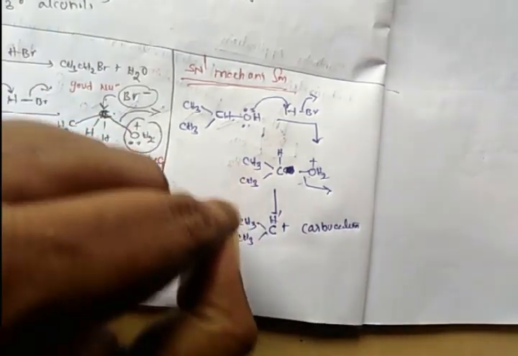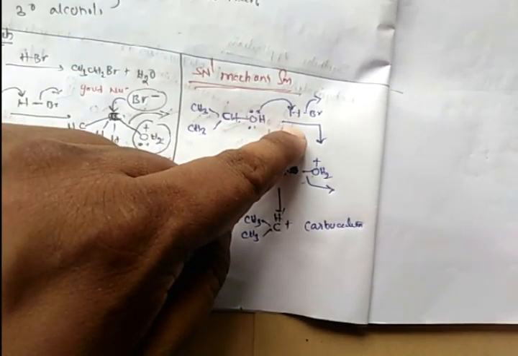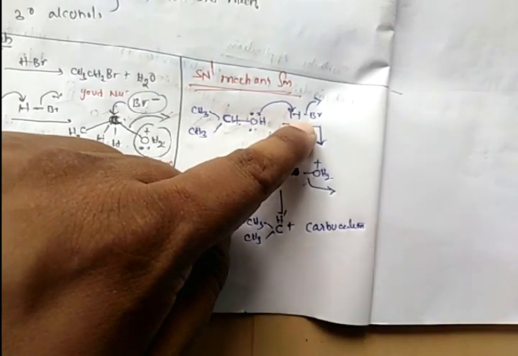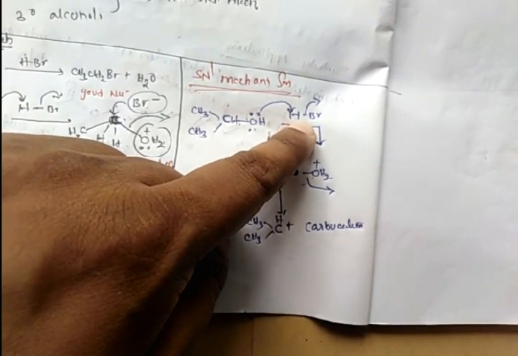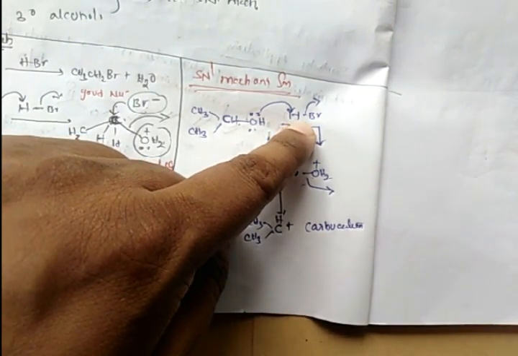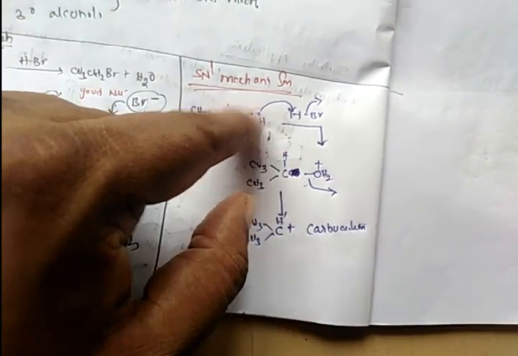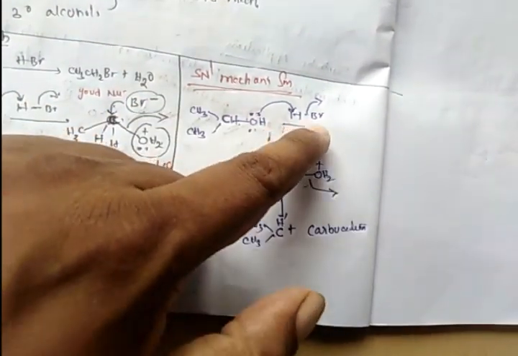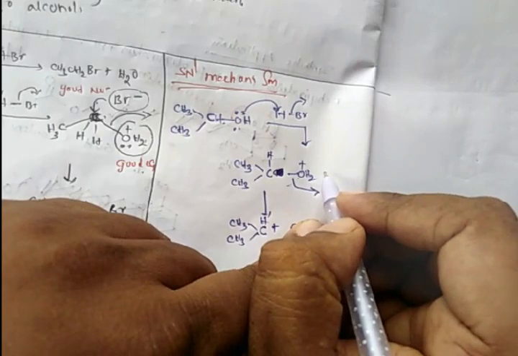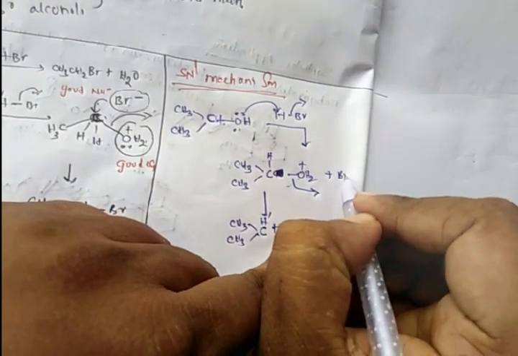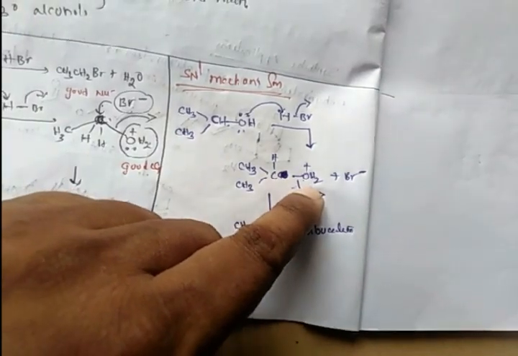So whenever a secondary alcohol is treated with strong acids like HBr, HCl or HI, the OH group of the alcohol will be protonated. Br minus is in the reaction medium.